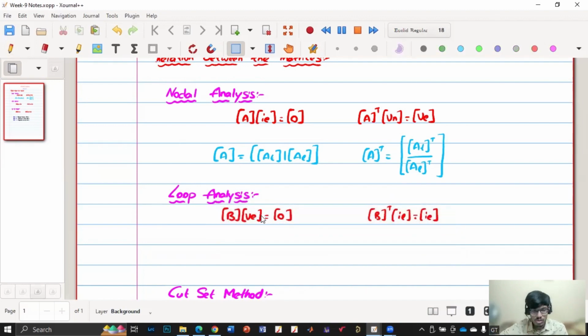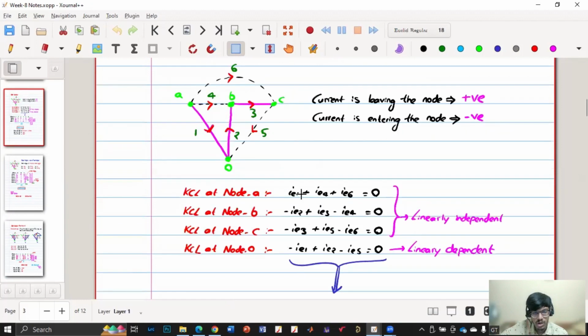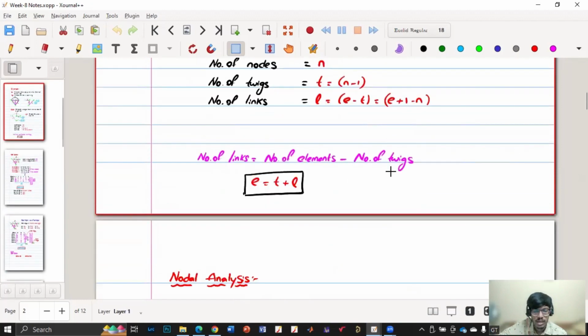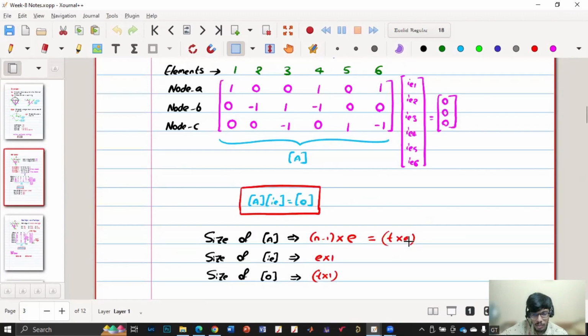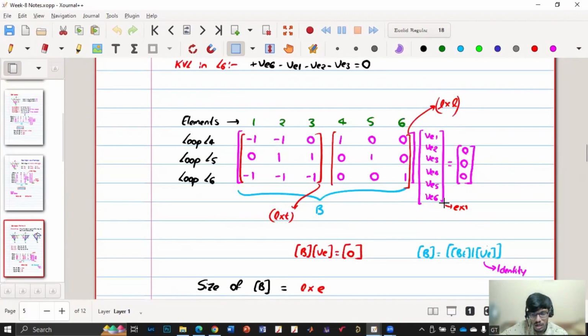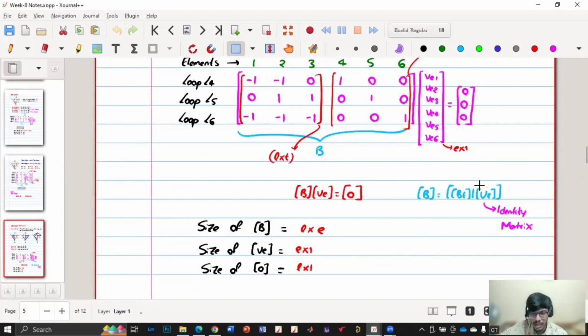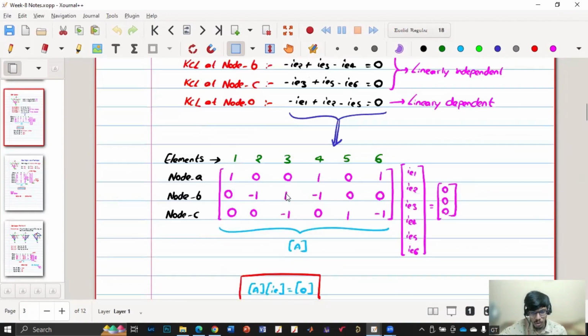Okay. So if I consider the A matrix, the number of columns is equal to the number of elements, and I know the number of elements is nothing but the number of links plus the number of twigs. So this E can be broken down into twigs plus links. So similar to what we have done for the B matrix, which we have divided into B twigs and B links, here B links is nothing but an identity matrix, so we have written U links. Similarly, first I have broken down this A matrix into two parts.